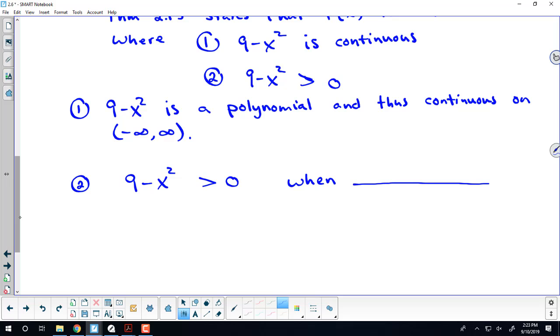Is that positive? No. Okay, so that's not quite accurate. Would it just be less than 3? In between -3 and 3. How would we know for sure? Plug and play. That's exactly it.